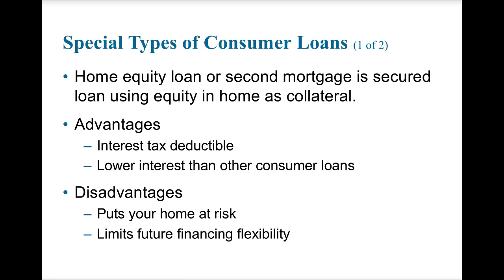So what this basically means is that you could borrow based on the additional value in your home above what the mortgage is at. So maybe your mortgage is at 300,000, but your house is worth 600,000. You could borrow 50 to 80% of the equity against your house and basically get a sort of second mortgage.